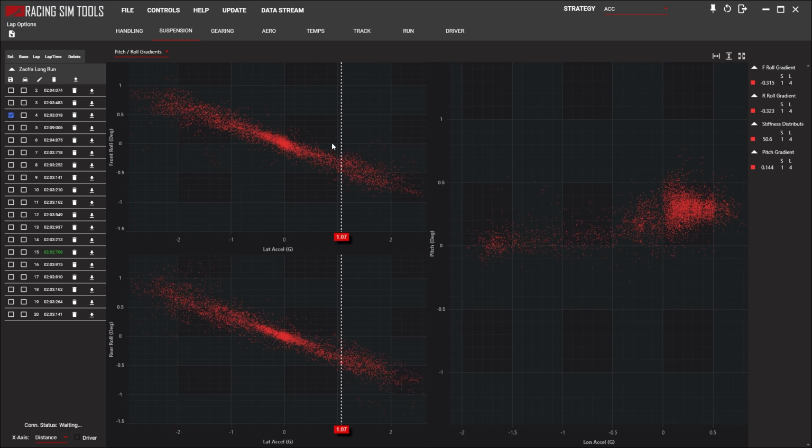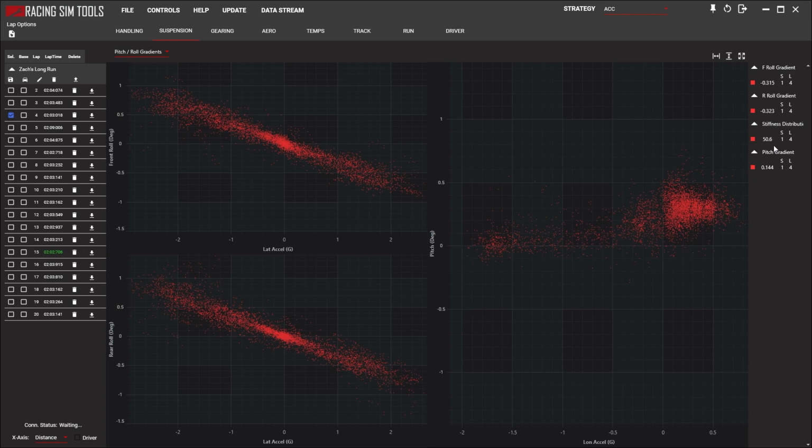If we look at these two roll gradients for this setup, the front roll gradient is 0.315 and the rear roll gradient is 0.323. So the front is a little lower roll gradient, which means it's a stiffer axle, which means it's going to have slightly more lateral load transfer on the front than on the rear, which is pretty typical for a setup. Usually we want a little bit of a stability margin, so the front is going to be slightly stiffer than the rear in most cases.